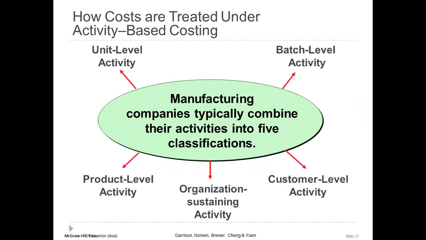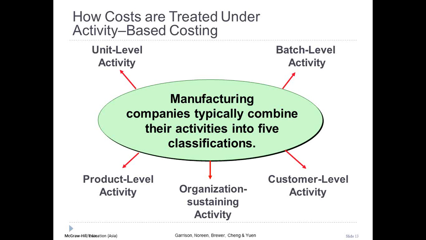In activity-based costing systems, companies typically combine their activities into the following 5 classifications. Unit-level activities are performed each time a unit is produced. So, for example, providing power to run processing equipment would be a unit-level activity. Batch-level activities are performed each time a batch is handled or processed, regardless of how many units are in the batch.